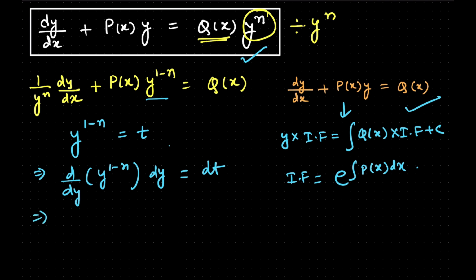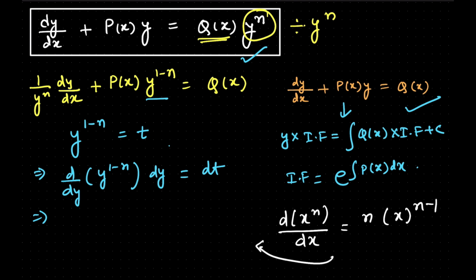We know that whenever we differentiate x to the power of n with respect to x, we get n into x to the power of n minus 1. Now applying this formula here, you can write the power 1 minus n, y to the power of 1 minus n minus 1, dy is equal to dt.